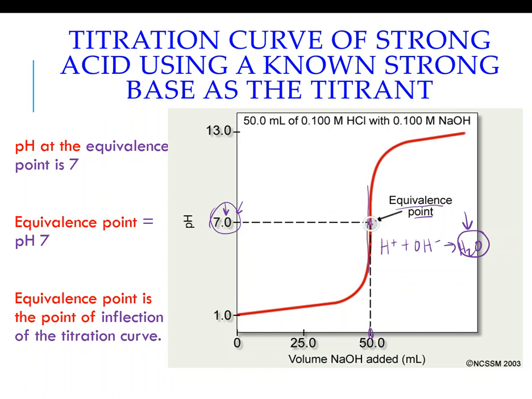If you keep adding base, the pH continues to go up and starts to level off at a high of 13. You remember the pH scale: 7 is neutral, below 7 is acidic, above 7 is basic, for the regular realm of knowing acids and bases.